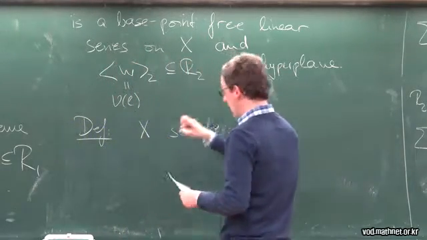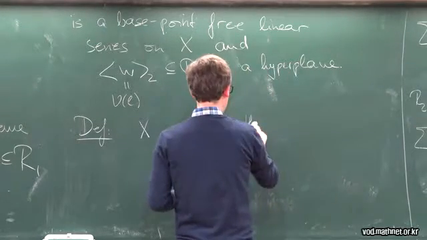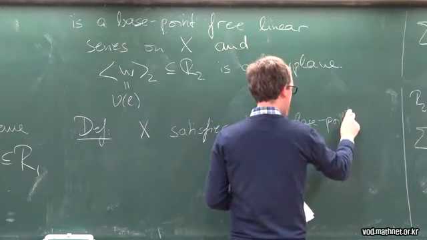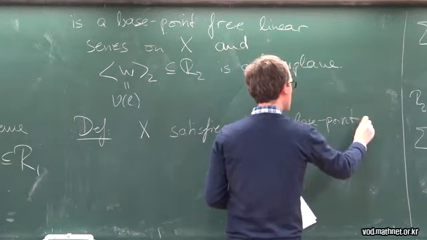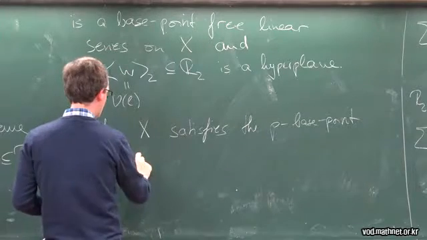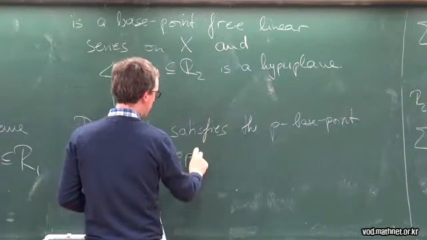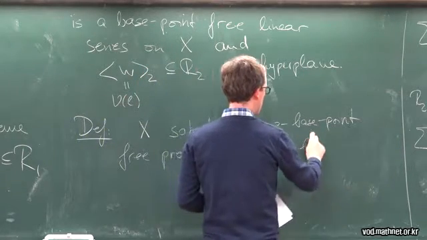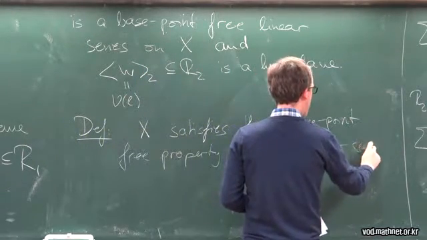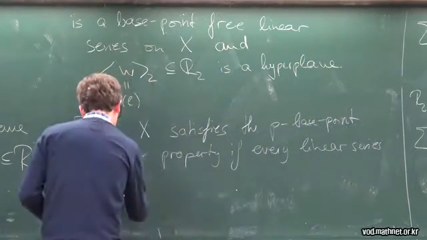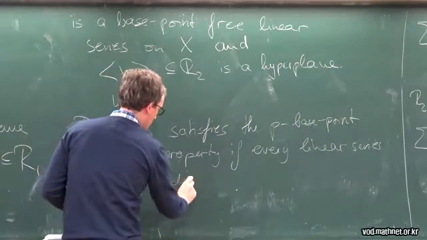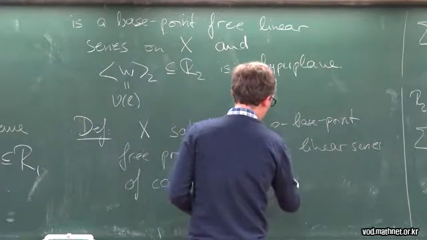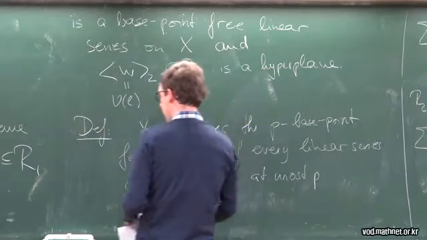We say that this algebraic set X satisfies the p base point free property if every linear series of codimension at most p generates R2.